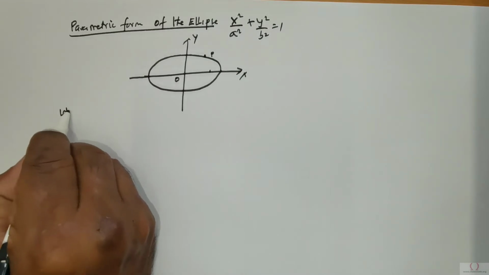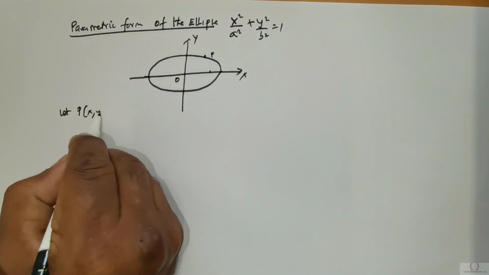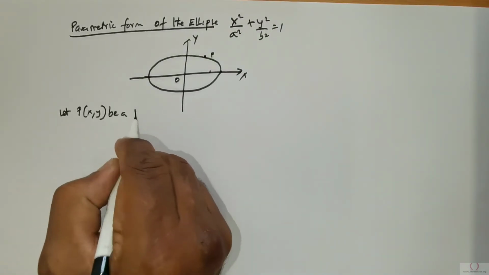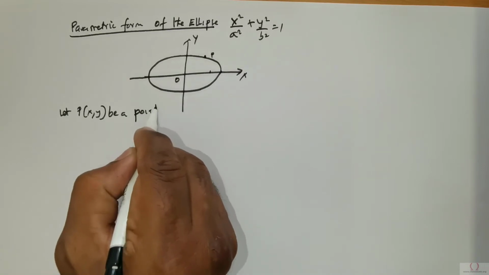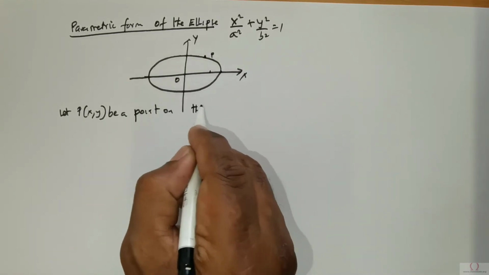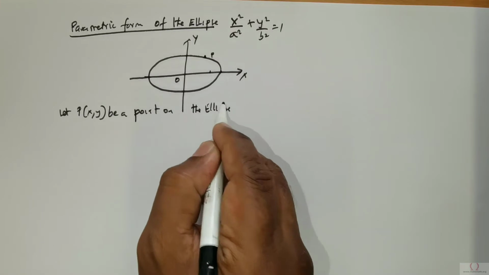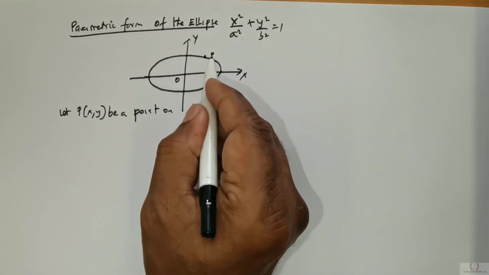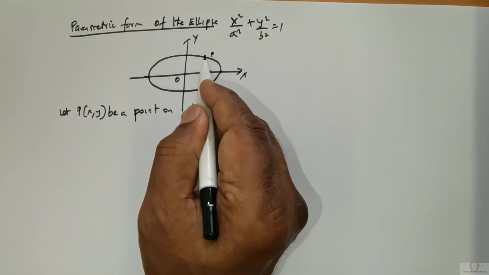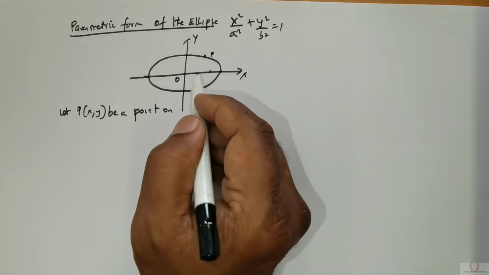Okay, so let me write it down. Let P of x comma y be a point on the ellipse. Now we would not be able to obtain the coordinates for P because it is a point on the ellipse.